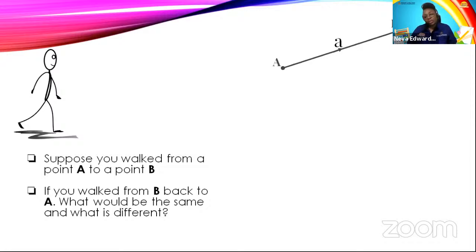And what is different? Before I pick an answer, I want our students to tell us whether our distance would be the same, and what would be different. Talk to us, guys.